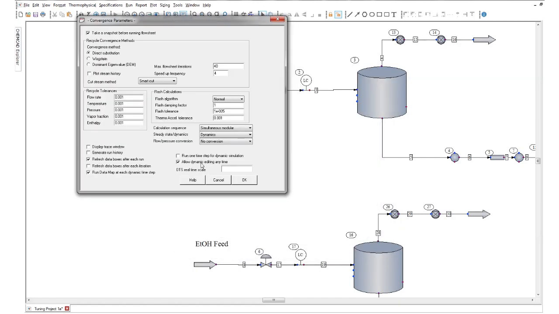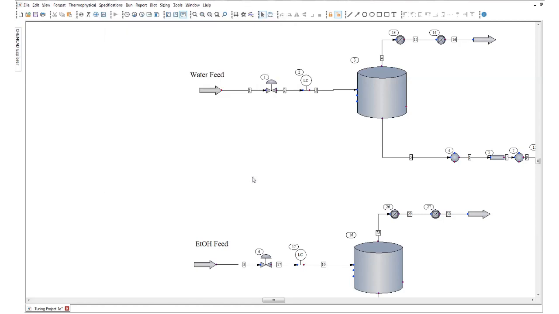And I want to check the box that says Allow Dynamic Editing at any time. This will allow me to stop my process, make a change, and start my process right at that point. By default, this box is usually not checked, so you want to make sure that's checked as well.